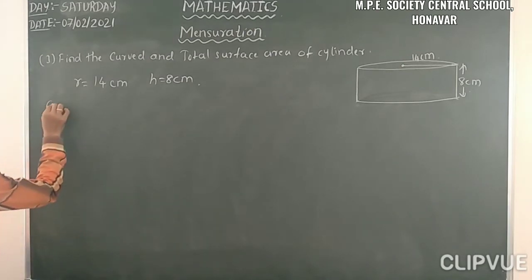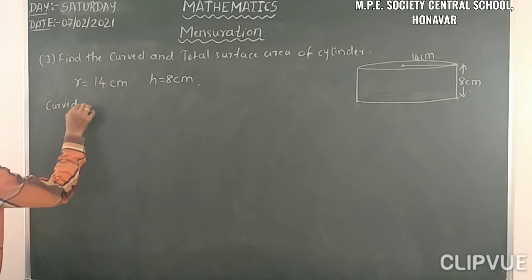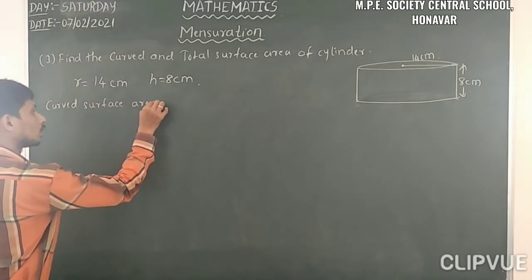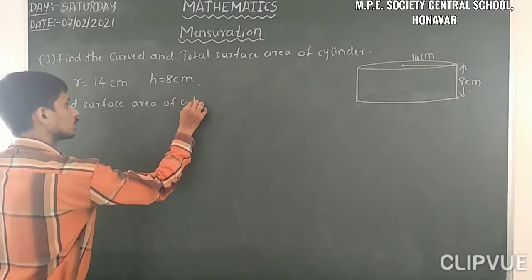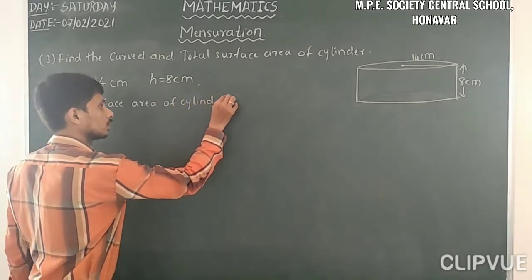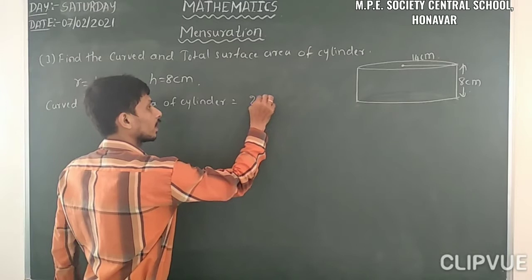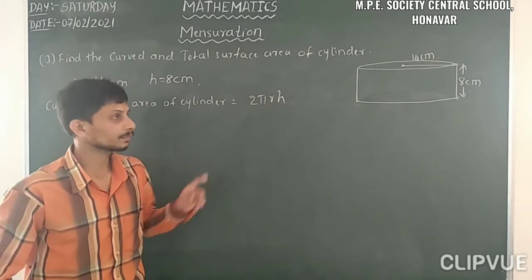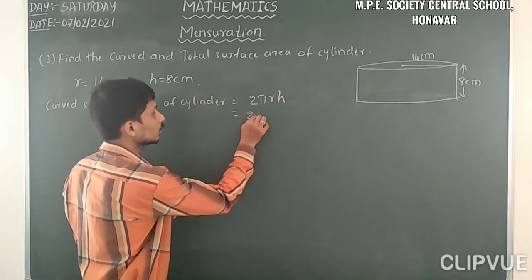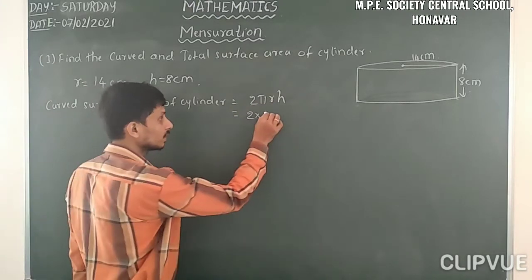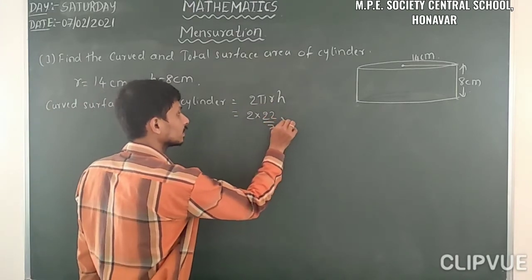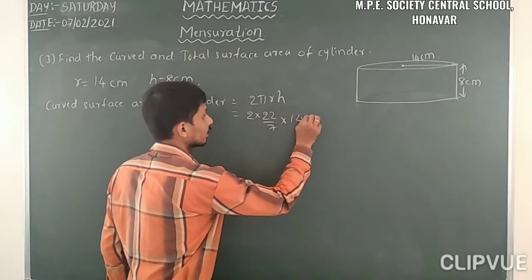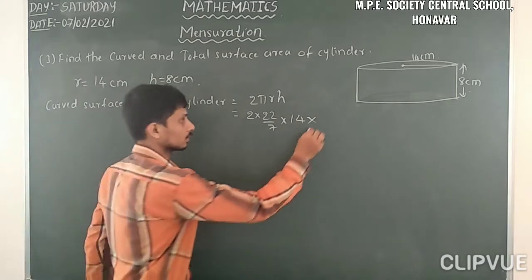Firstly, the curved surface area of the cylinder is equal to 2 pi r h. We already know the formula for the curved surface area. Just insert all the values: 2 into pi, which is 22 by 7, and r is given as 14, and h is given as 8.